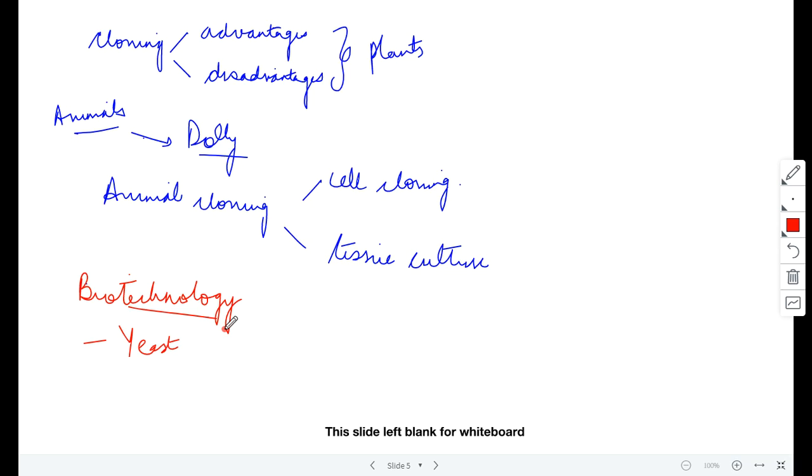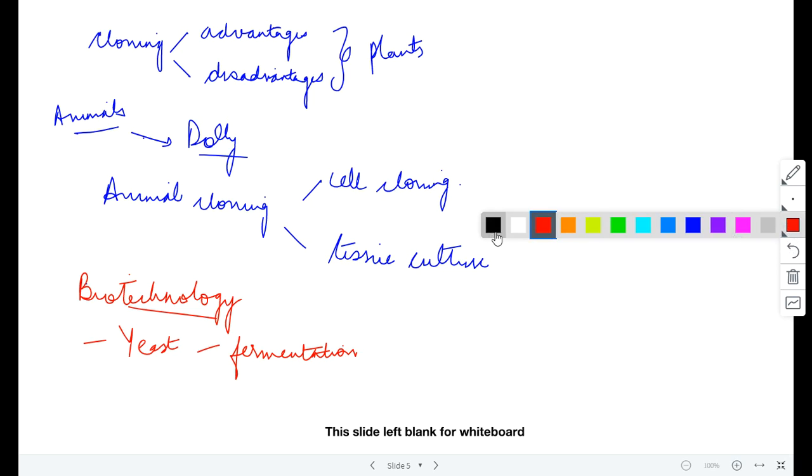Anaerobic, because if you see the yeast, it takes place in the fermentation reaction. We just did it in chemistry also. Now what was the fermentation reaction? Fermentation was when microorganisms use anaerobic respiration.